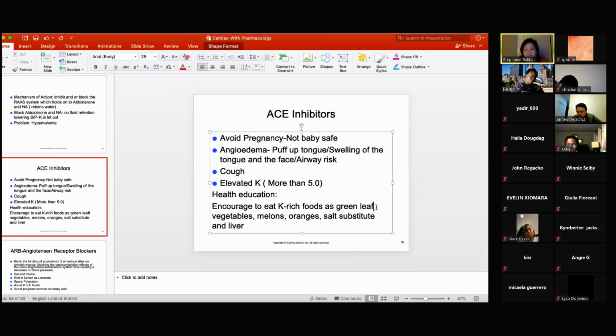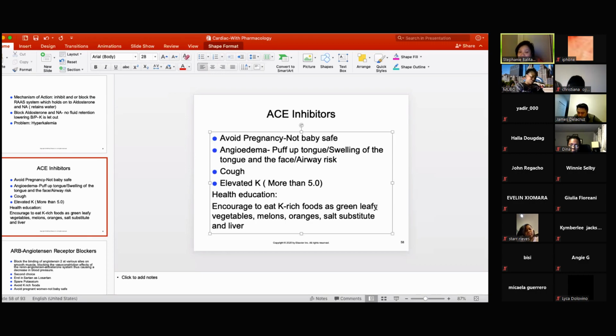So we said earlier that potassium can be elevated because potassium is let loose. So you will have elevated potassium levels and it will be hyperkalemia.